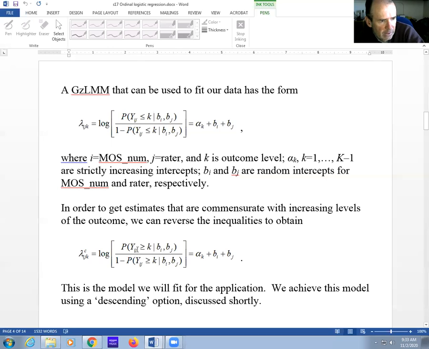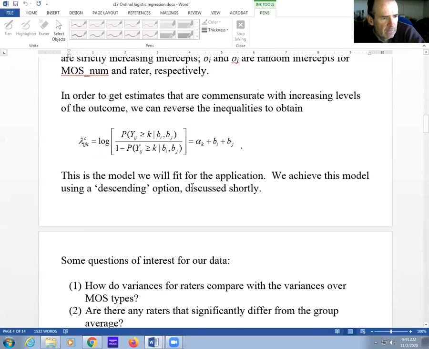And so you're comparing probability y is at least a certain level to 1 minus that. And so for generalized linear mixed models, we know that we condition on the random effects. And so we'll be able to get subject-specific estimates for those random effect deviations. And we'll also be able to estimate those intercepts as well.